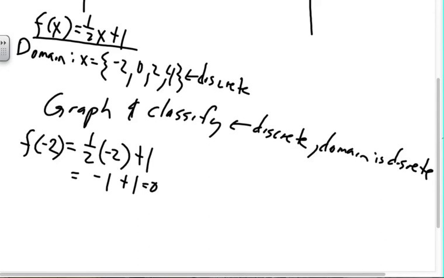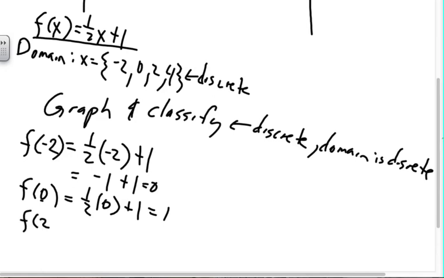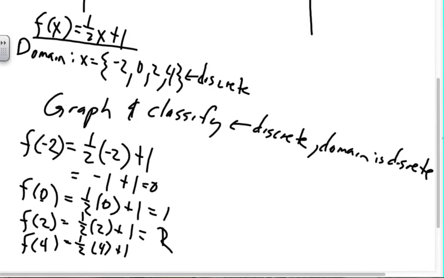Then I'm going to need f of 0, and I'm getting this by plugging these numbers in for x: 1/2 of 0 plus 1, which is 1. f of 2 is going to be 1/2 of 2 plus 1, which is 1 plus 1, which is 2. And then f of 4 is going to be 1/2 of 4 plus 1. Half of 4 is 2 plus 1, gives me 3.